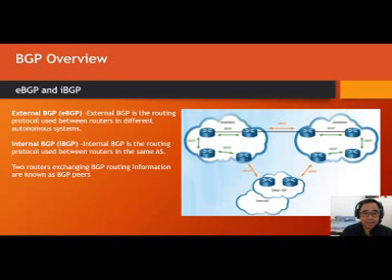External BGP is the routing protocol used between routers in different autonomous systems. Internal BGP is the routing protocol used between routers in the same AS. Two routers exchanging BGP routing information are known as BGP peers.